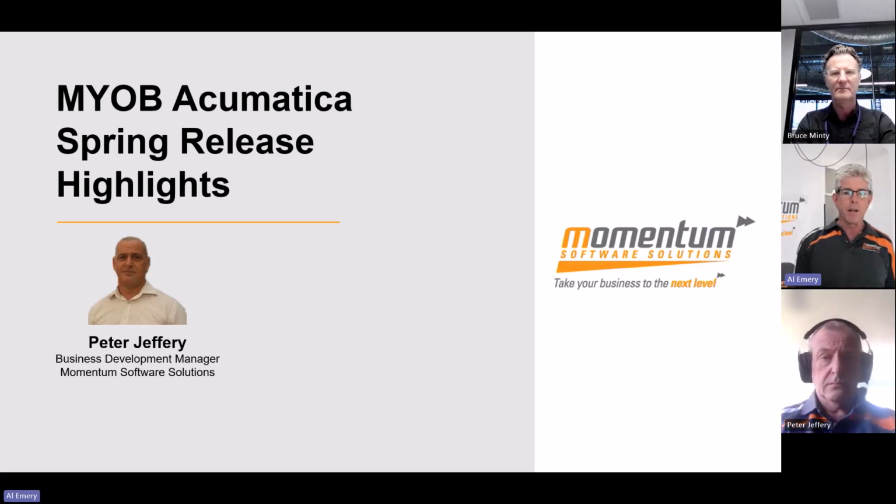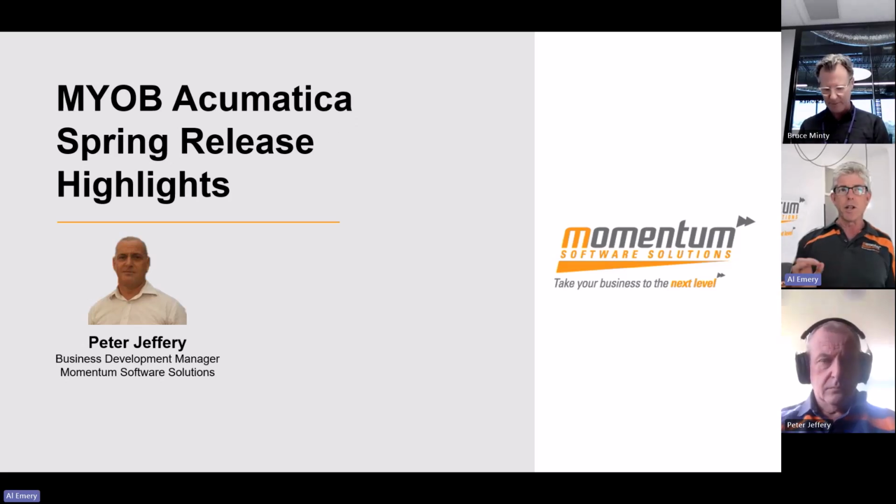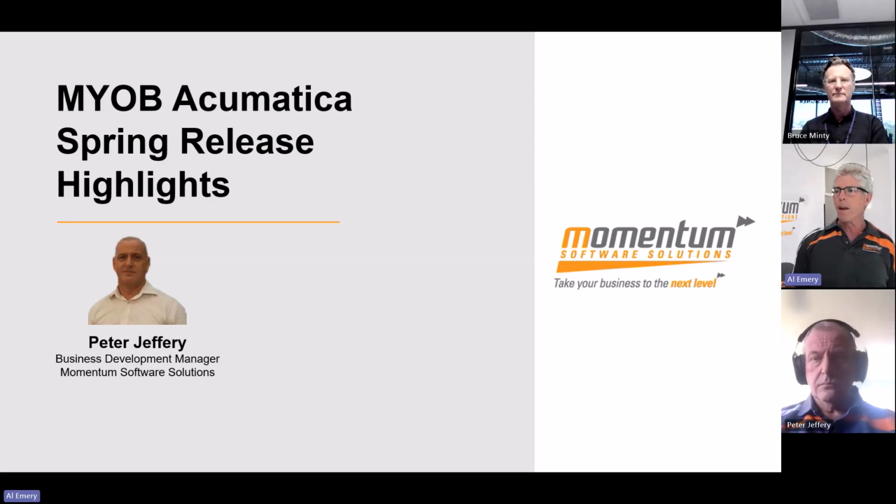Momentum are part of a partner advisory group working with MYOB in cases where there might be performance issues, and a number of those things that Jean mentioned could be managed by customers, but are often managed by the partner. So if you do feel that your site is having any performance issues, the first thing you should do is just contact our support team, and we will triage that for you and work it through.